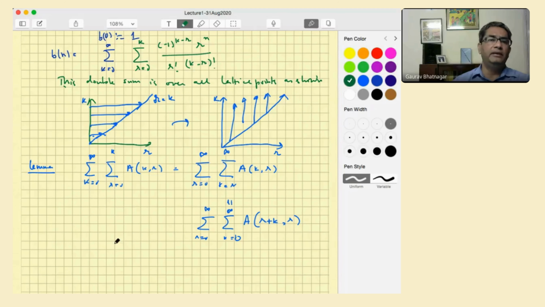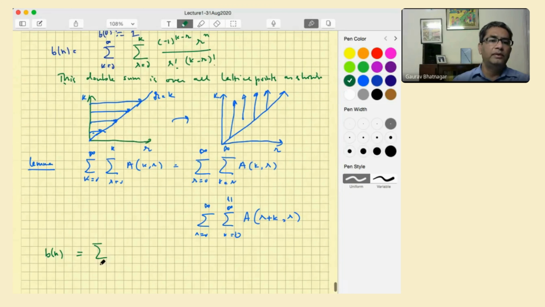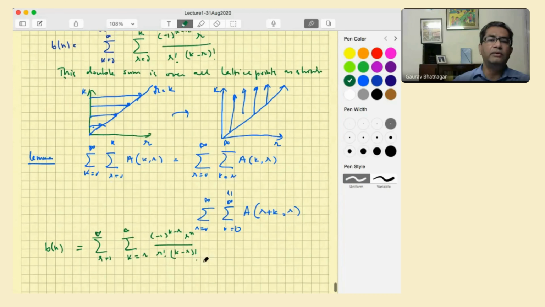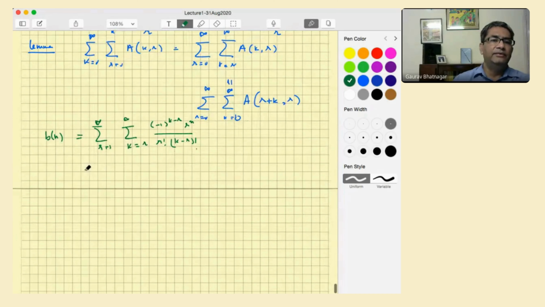which was in green, is equal to, so B_n is equal to the sum over r going from 0 to infinity. Let's just do k equal to r to infinity first, of (-1)^(k-r) r^n over r factorial (k-r) factorial, and then I will shift the index.